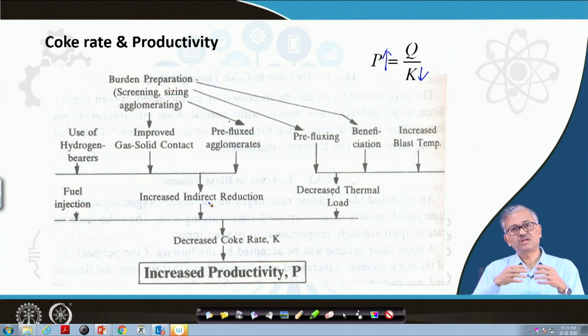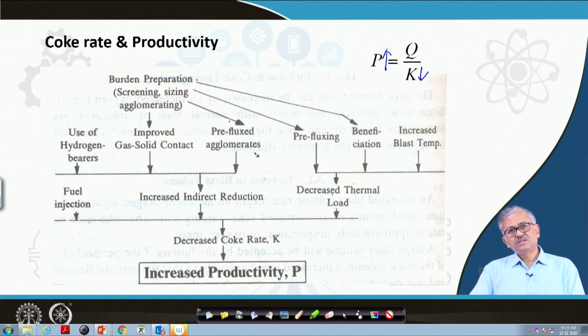So you should not leave the CO to the atmosphere. You must use the CO to take out one extra oxygen such that it becomes CO2 and leaves the furnace. That CO to CO2 conversion is indirect reduction. So you have to increase the indirect reduction. How can you do that? If you have a prefluxed agglomerate, then it basically increases the indirect reduction.